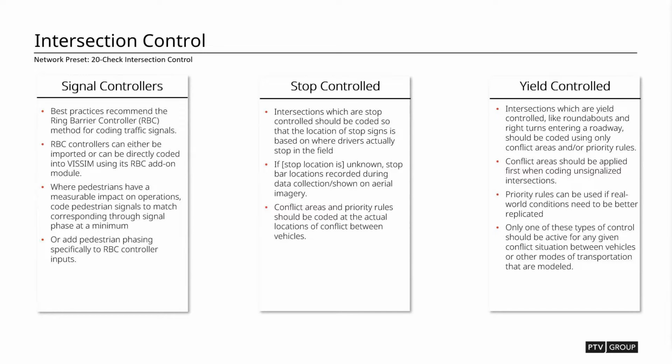Maybe in real life, everyone's rolling through that stop and you're getting closer to 1,500. Which means the next intersection downstream is actually getting fed 1,500 vehicles per hour as opposed to 1,200.